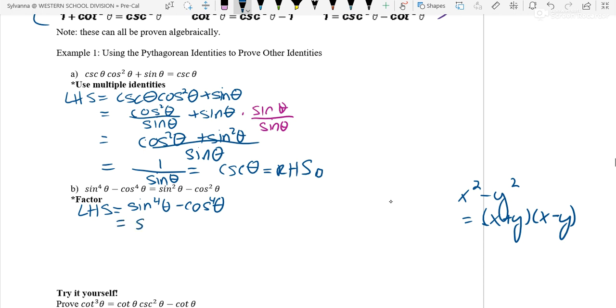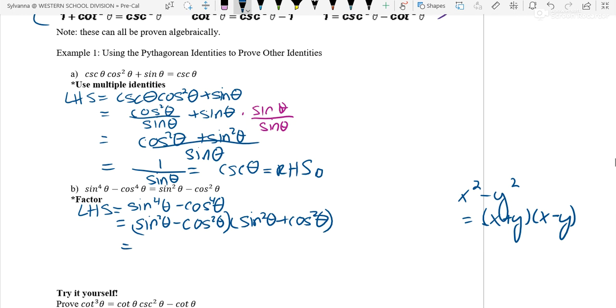So I would have sine squared theta minus cos squared theta and sine squared theta plus cos squared theta. Okay, right away, sine squared theta plus cos squared theta, that's 1.